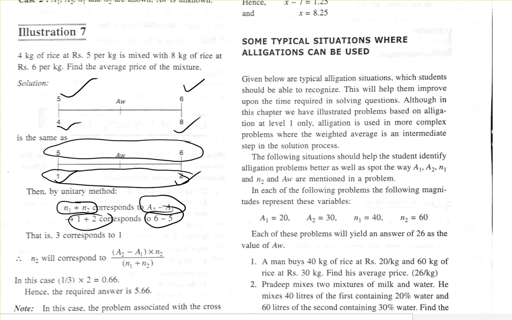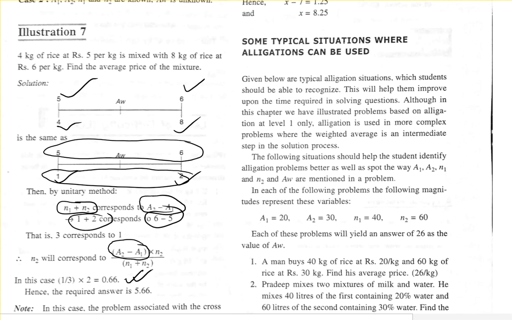Hence N2 will correspond to N2 into 1 by 3, that is N2 by 3. So 2 by 3, that is 0.66.